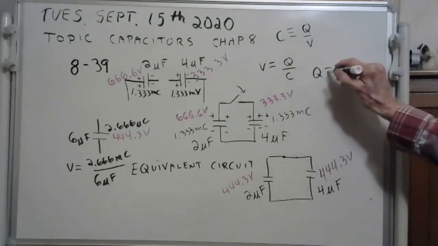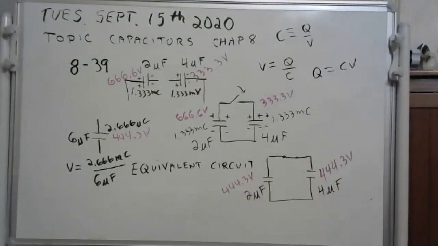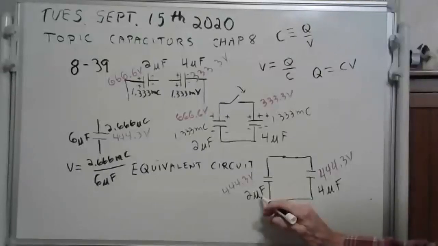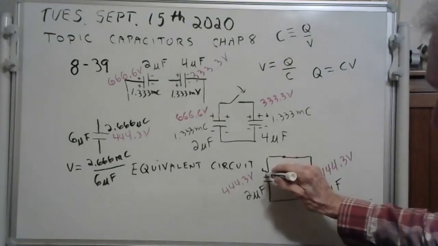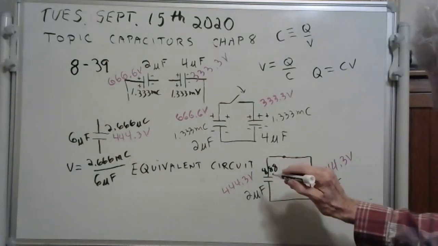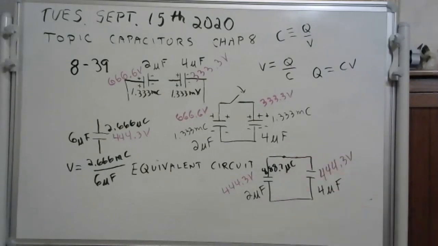Well, to get the charge, you just go C times V, and we got the C, we got the V, so what's the charge here? I can't do that in my head. No, let me do it on the calculator. I'm getting 888.7 microcoulombs on that one.